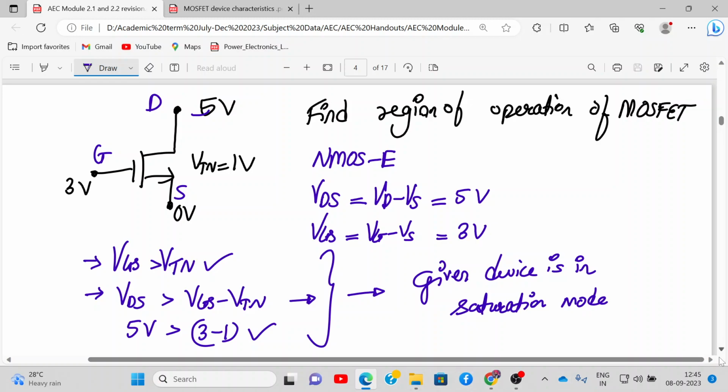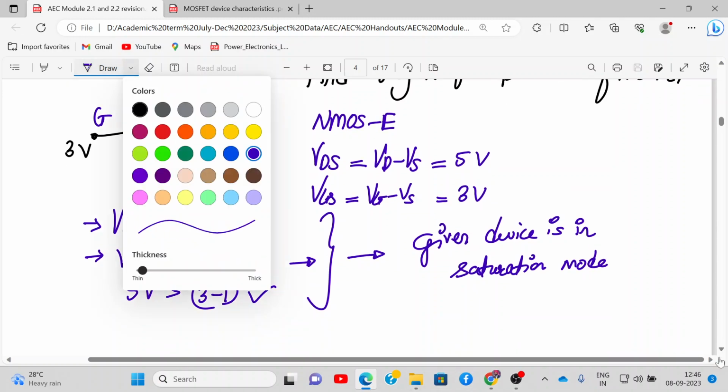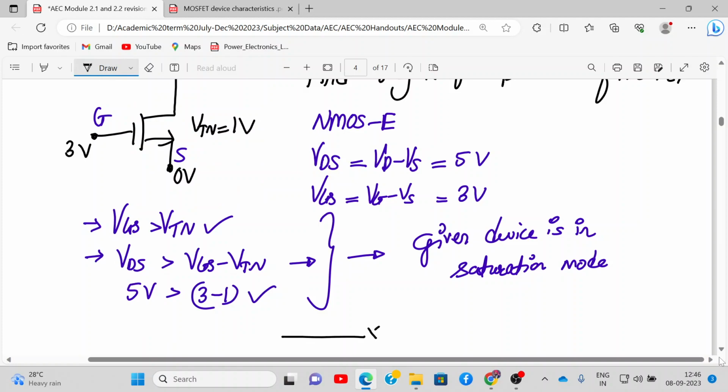Okay. So with this we complete module number 2.1. Revision of it. 2.1 is completed.